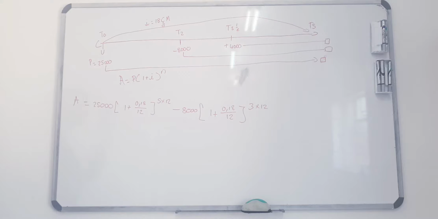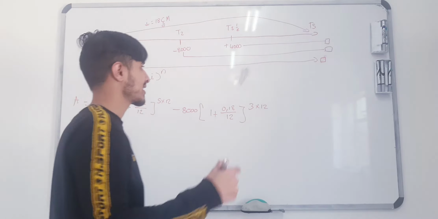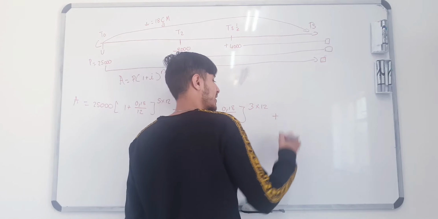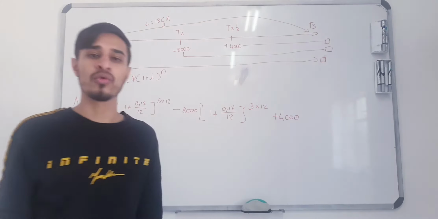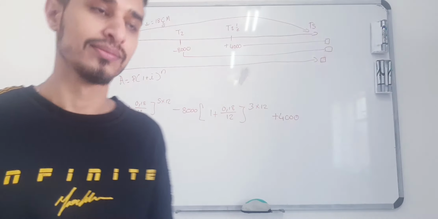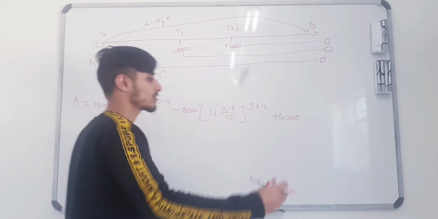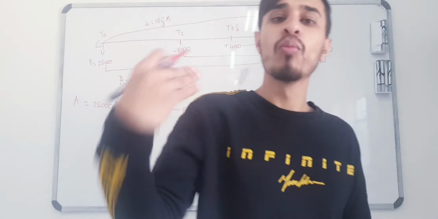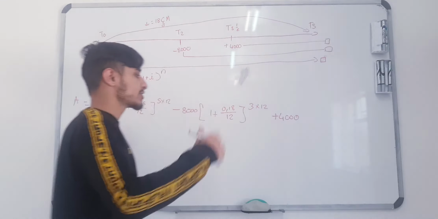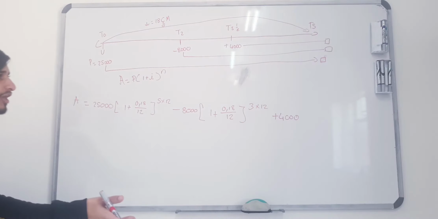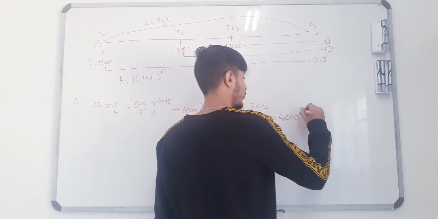And then we're moving on to the last part of this. So we're going to go ahead and say plus 4,000. Now the reason we're saying plus 4,000 is because now she's put more money into the account. Can you see what I'm trying to get with that? So we're going to say plus 4,000 and then we have to take 4,000 to the end.